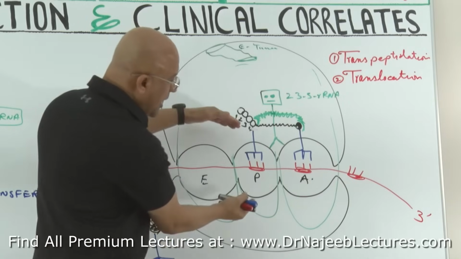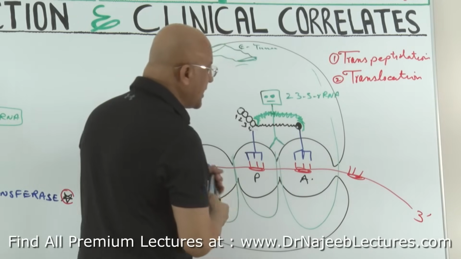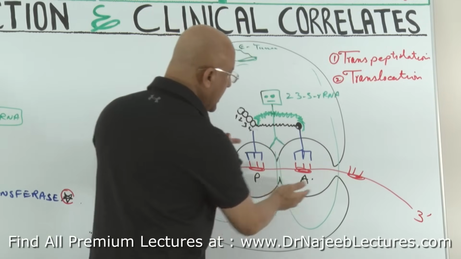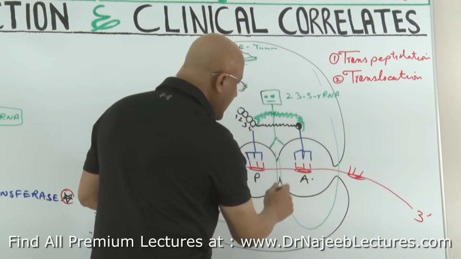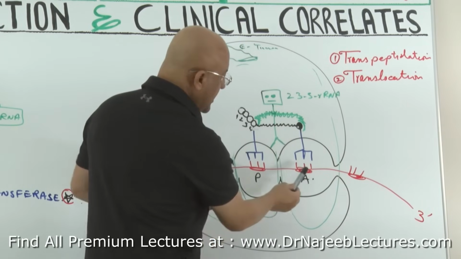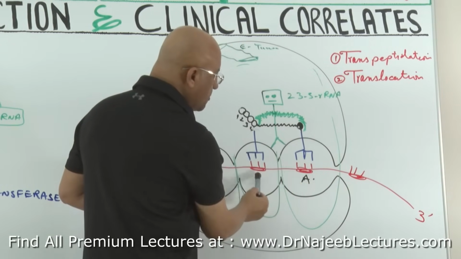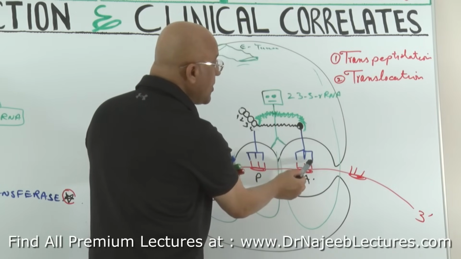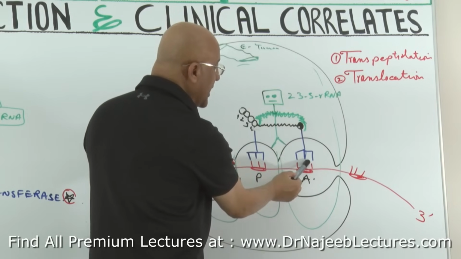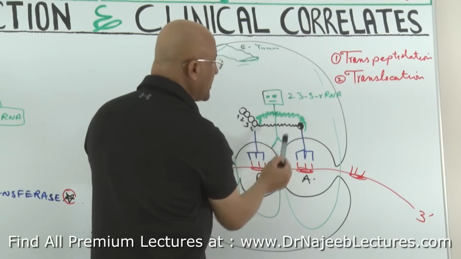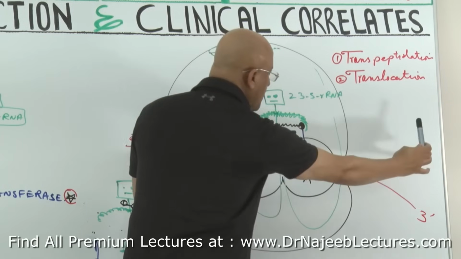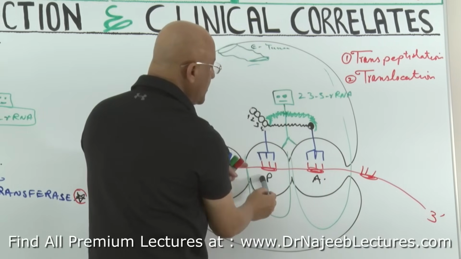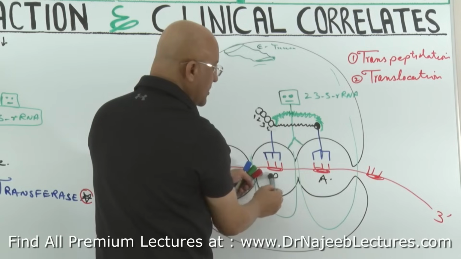Ribosomal translocation. When ribosomal translocation has happened, then what will happen? When the ribosome has moved, this will shift to the P site, and this previously aminoacyl transfer RNA which had received a short peptide chain, because the ribosome has moved one step ahead, it will come in the P area, right?